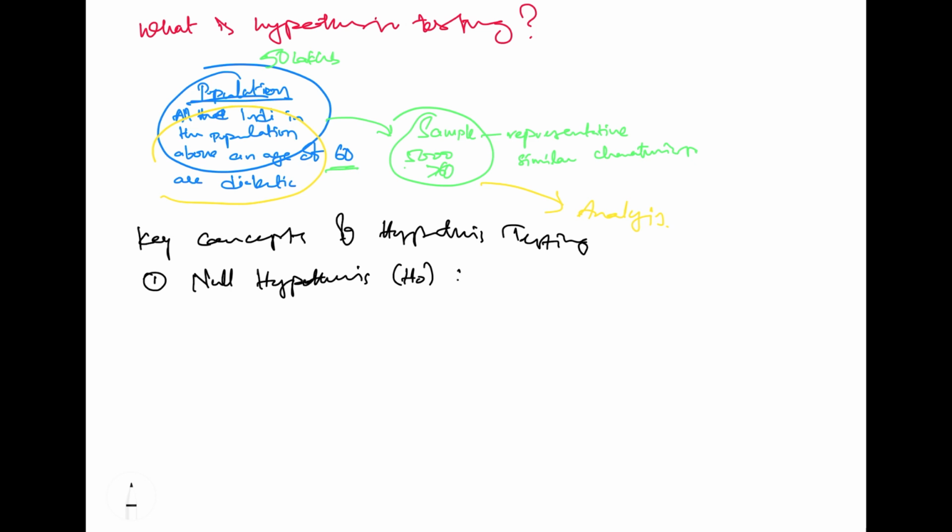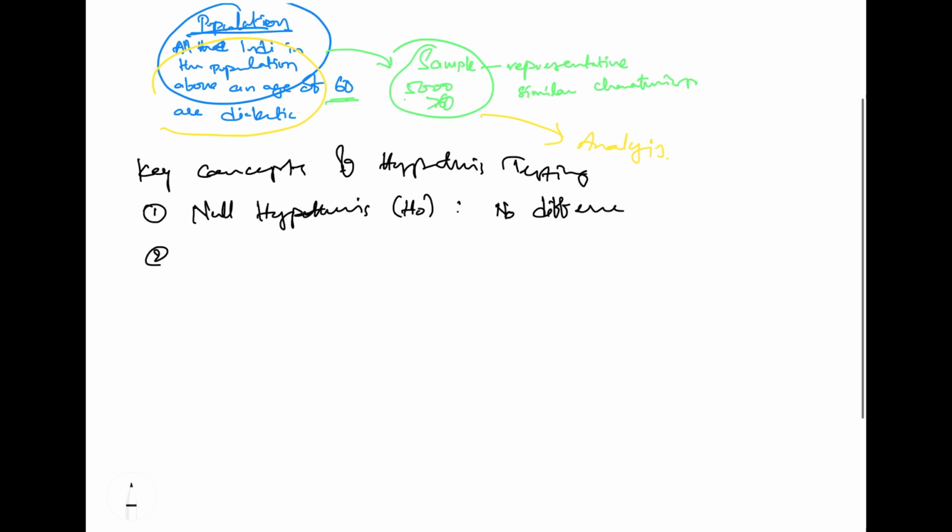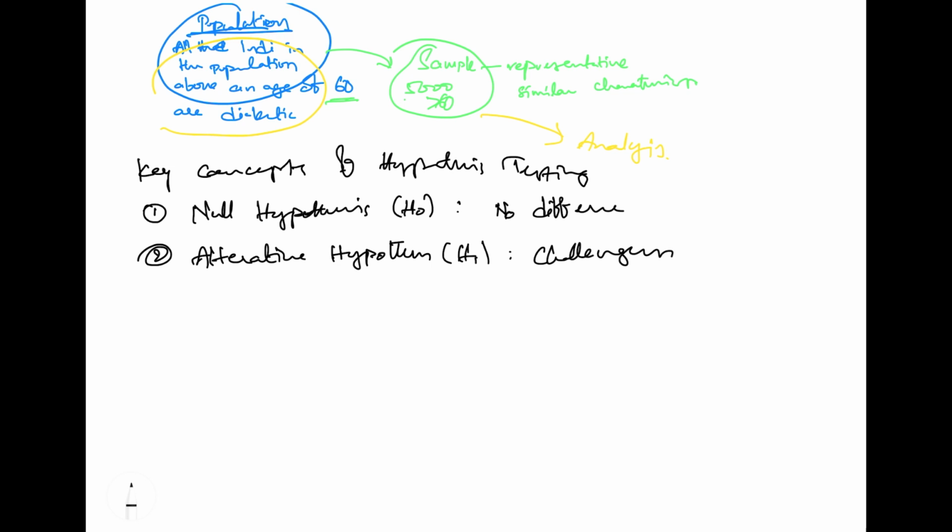It basically assumes that there is no difference. And the alternative hypothesis is denoted as H1, and it challenges the null hypothesis and says there is a difference.